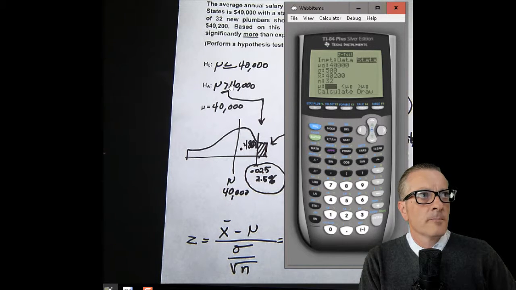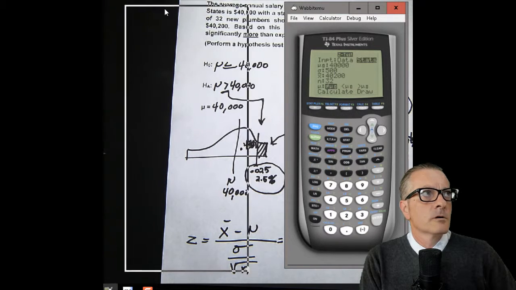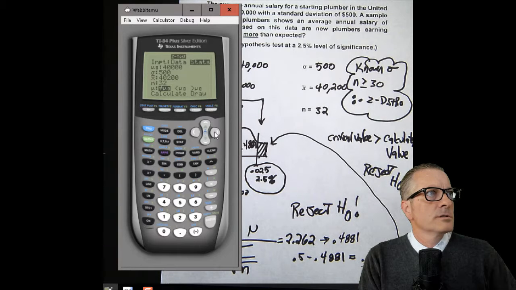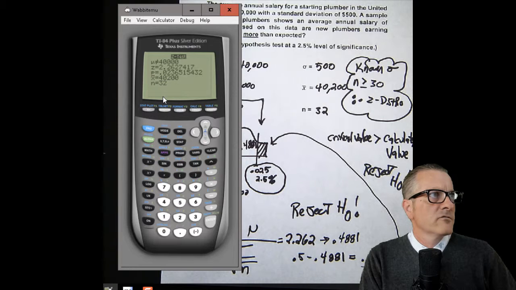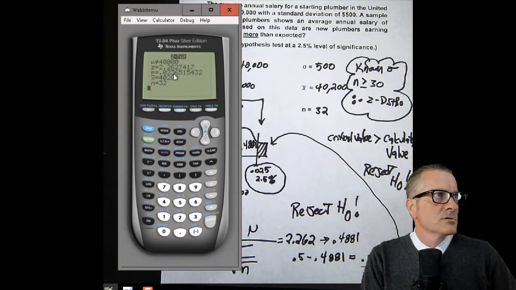It's pointing to the right, it's greater than. So we're going to go over to this one, and then go down and hit calculate, and it gives us the answer of 0.023.